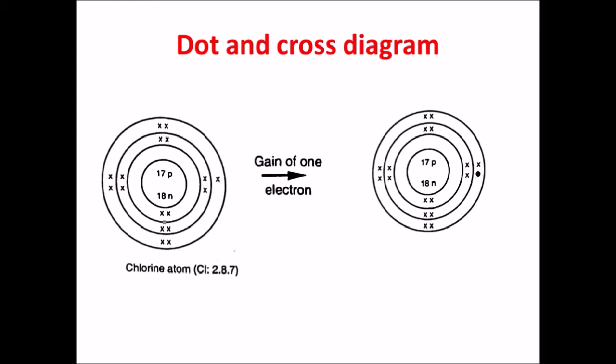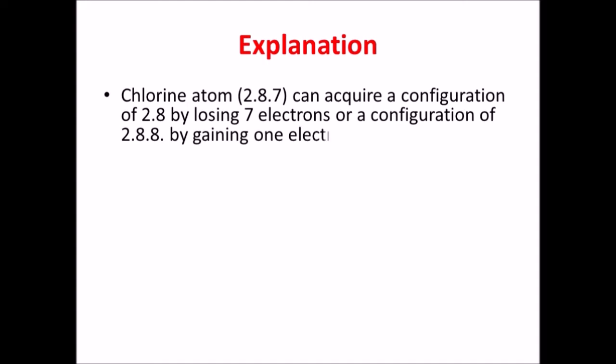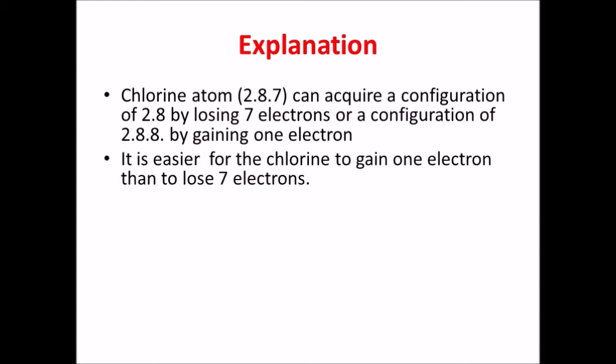So you can see on the diagram the gained electron. Then the net charge is negative 1, showing that 1 extra electron has been gained, and the particle formed is a chloride ion with a configuration of 2, 8, 8. So the explanation is here. Chlorine atom can either lose 7 or gain 1, but it is easier for it to gain 1 electron because it requires less energy than it is to lose 7 electrons.